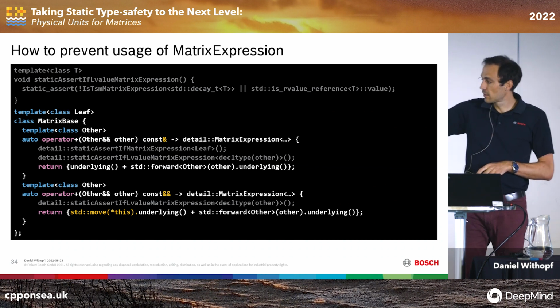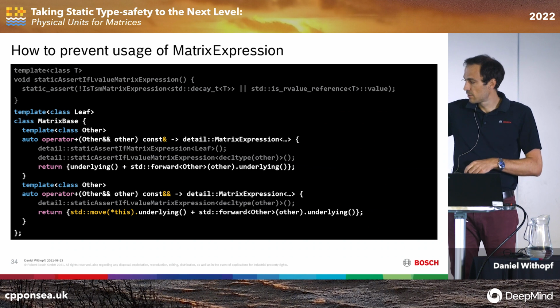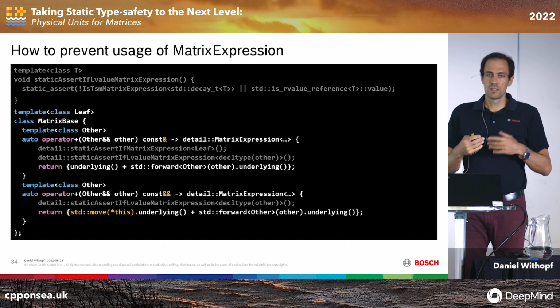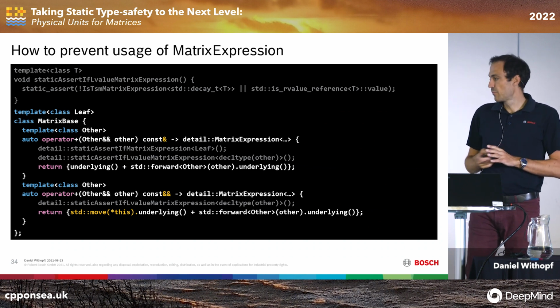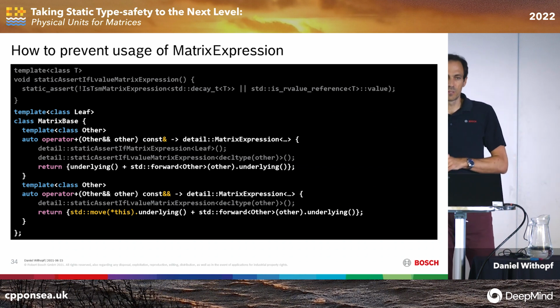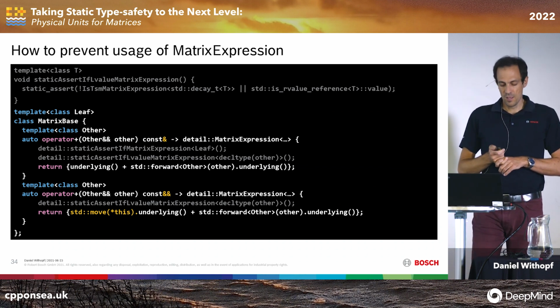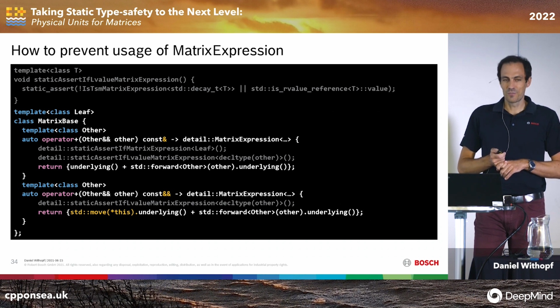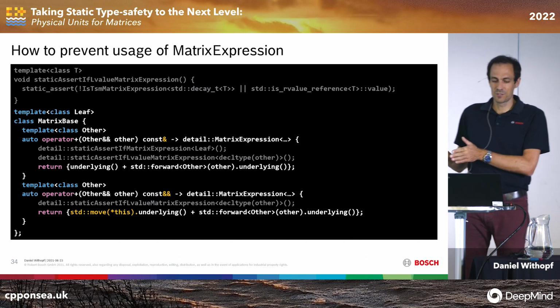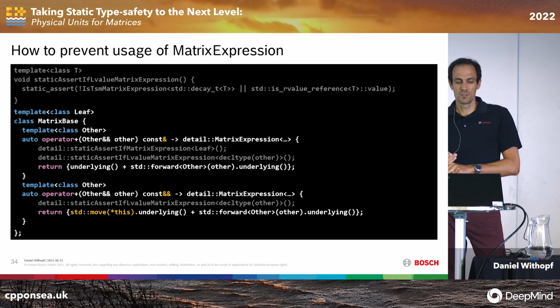In the second case down here, we have to do a std::move on this, because otherwise we would end up in the L-value reference qualified version of any of the methods that we're calling here, for example, the underlying. That's a minor detail, but I also didn't know that when I tried it out the first time. So when you're in an R-value reference qualified method, you're not automatically ending up in the next R-value reference qualified method. You have to manually request that.